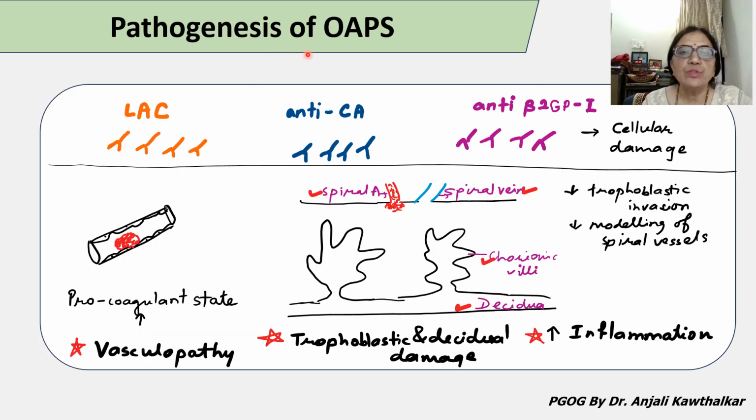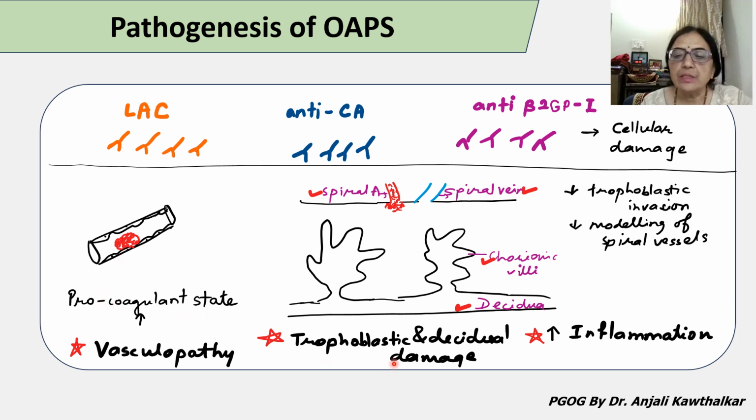Now, what is the pathogenesis of this obstetric antiphospholipid syndrome? We have these three antibodies: lupus anticoagulant, anticardiolipin antibody, and anti-beta-2 glycoprotein 1 antibody. All these lead to cellular damage. How are they leading to cellular damage? They lead to vasculopathy by creating a procoagulant state.